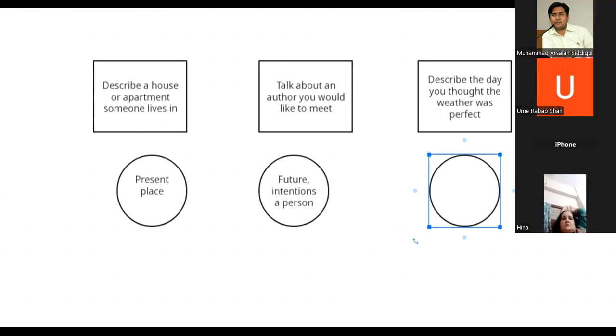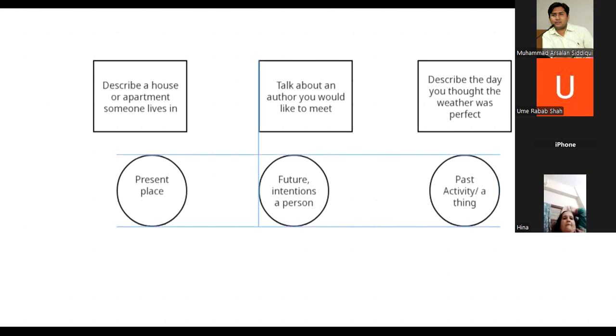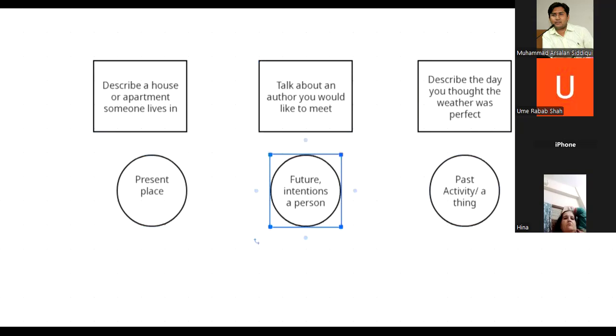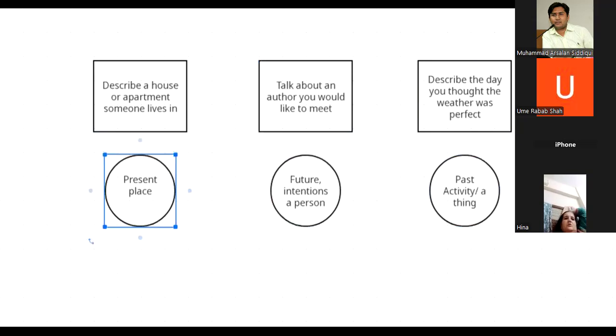So why are these things important? Because they are related to your language. Your language should be in the present tense, the ongoing tense, and the place should be described in a way that shows it is a place, so your vocabulary should be related to the place.